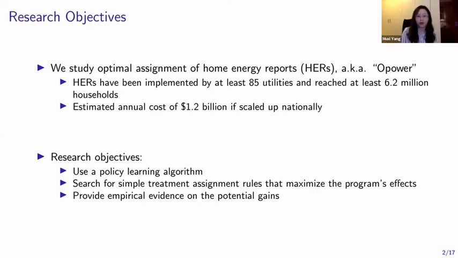So in this paper, we studied the optimal assignment of home energy reports. We utilized a recently developed policy learning algorithm from the statistical decision literature to search for simple treatment assignment rules. And we also quantified the potential gains from targeted treatment.